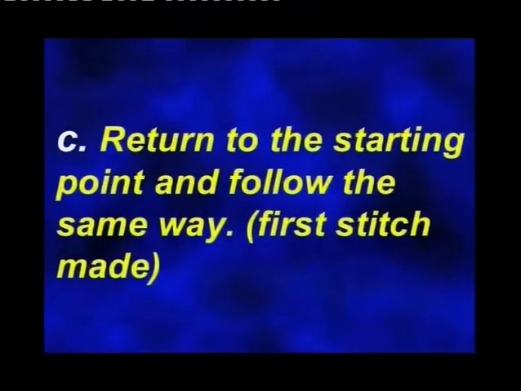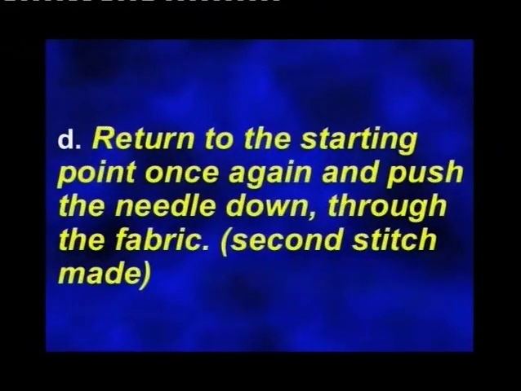C, return to the starting point and follow the same way. First stitch made. D, return to the starting point once again and push the needle down through the fabric. Second stitch made.